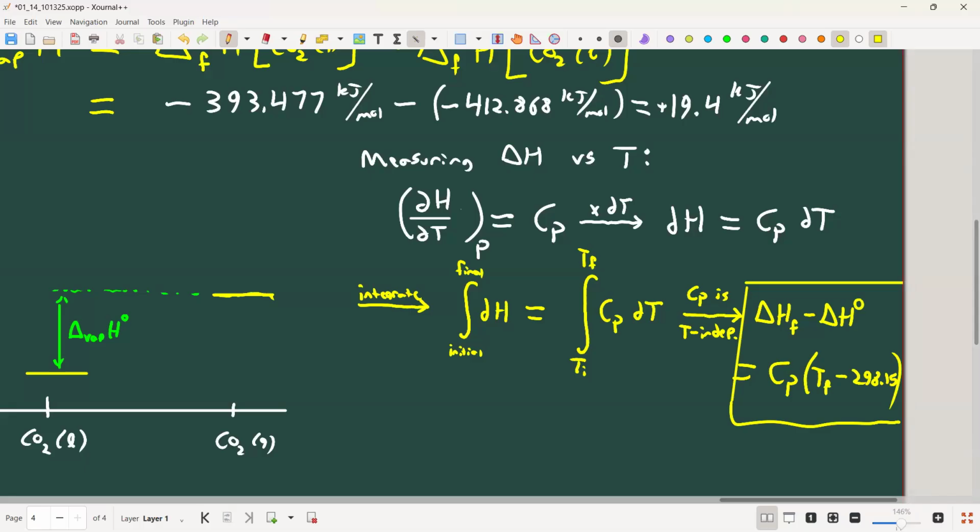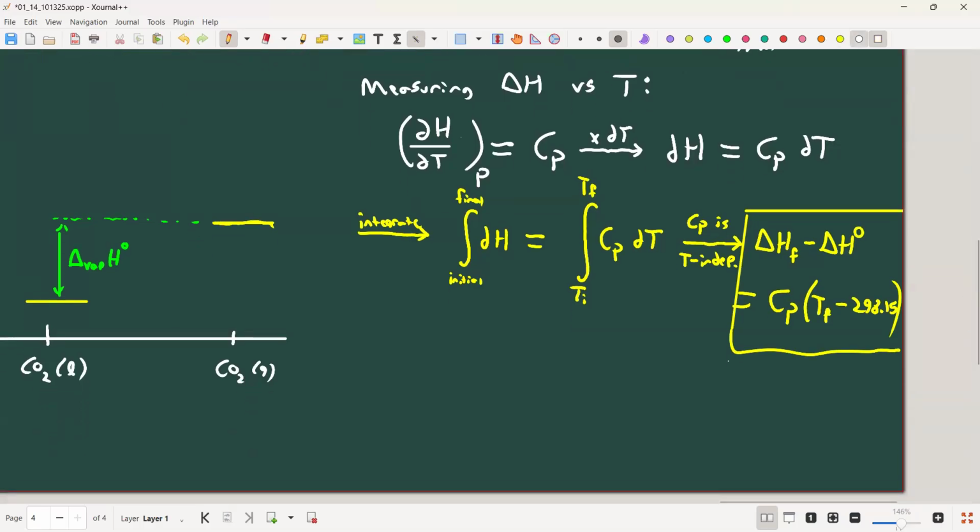This is exactly the same equation, just using enthalpies instead. The heating equation, that the heat required to increase the temperature by delta T is n times the heat capacity. It's the same equation from Gen Chem.